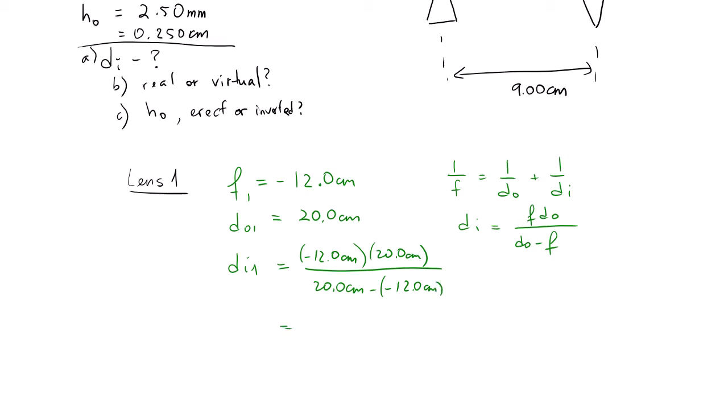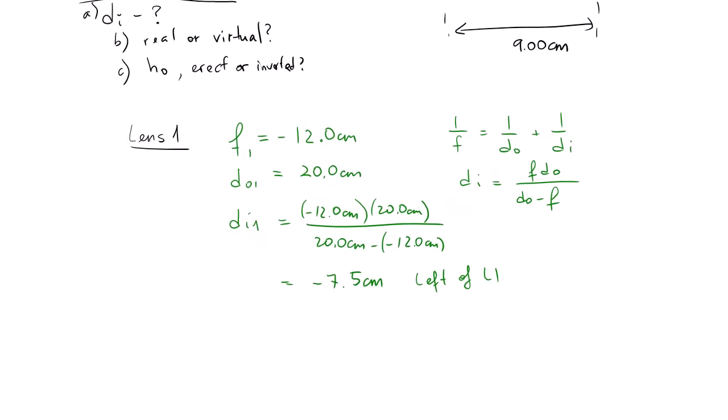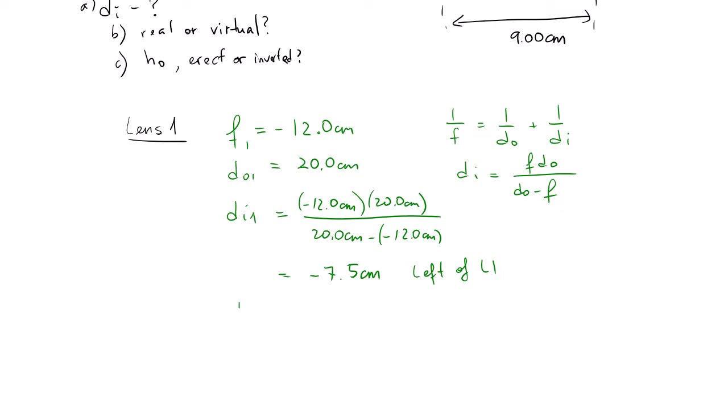That will give me a value of negative 7.5 centimeters, which means the image is 7.5 centimeters to the left of lens 1. So let me write that, left of lens 1.